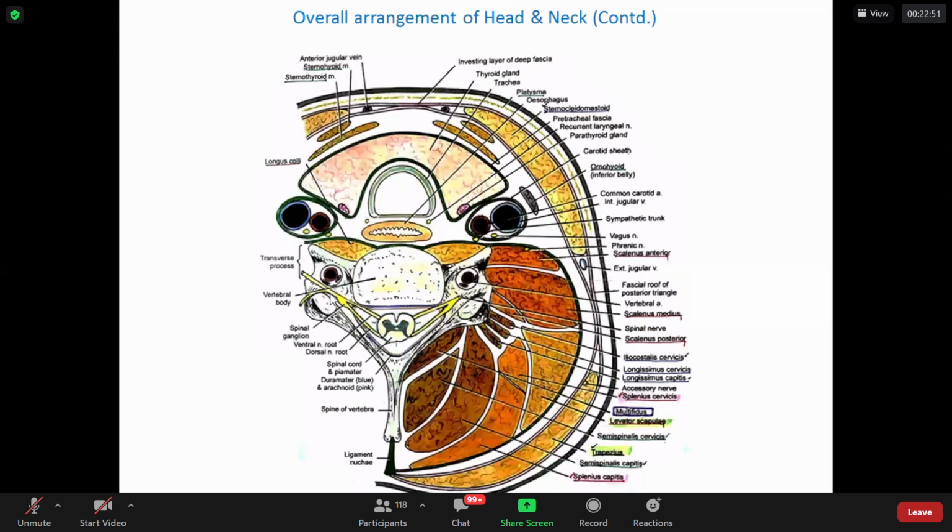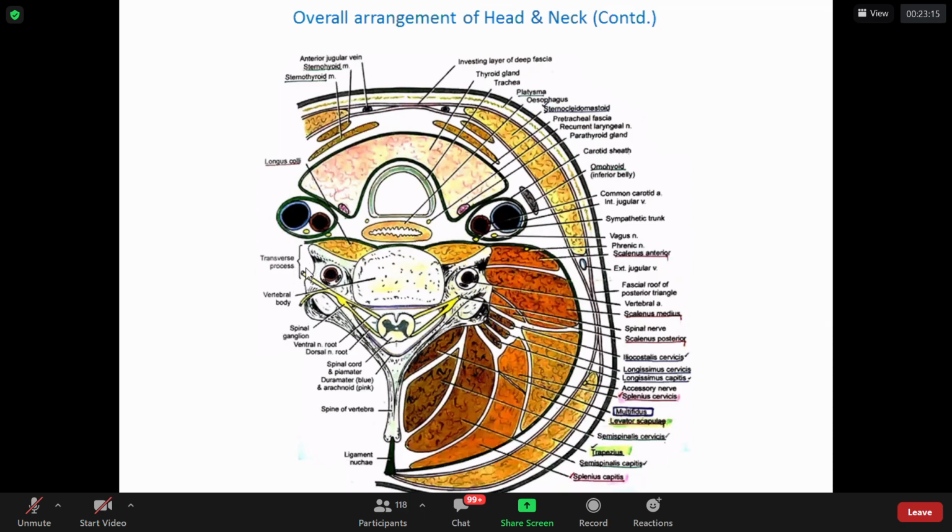And immediately after the formation of the trunk of the spinal nerve, it divides into, as you have said, the ventral and dorsal rami. The dorsal ramus supplies the back muscles and skin, and the ventral ramus supplies the front muscles and the skin.